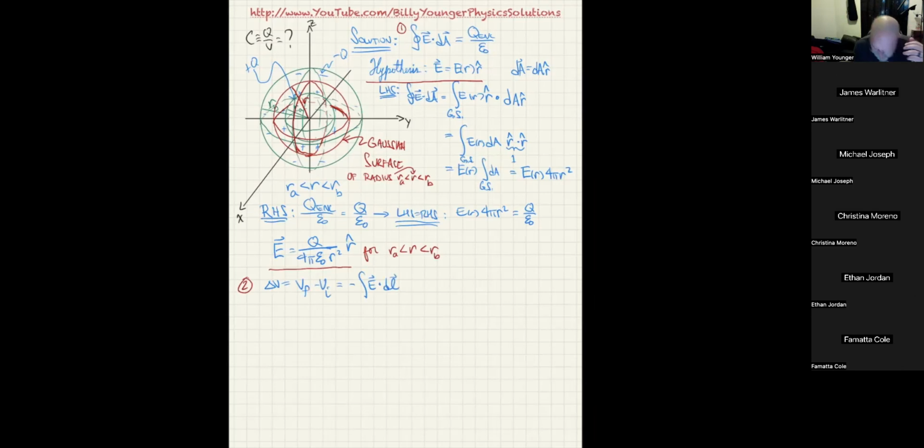So this is what we call a path or line integral. And that specifically means, just like the surface integral, that you've got to evaluate the integrand on the path or the line that you're integrating along. And then you also have to let the dl dictate which direction I'm integrating.